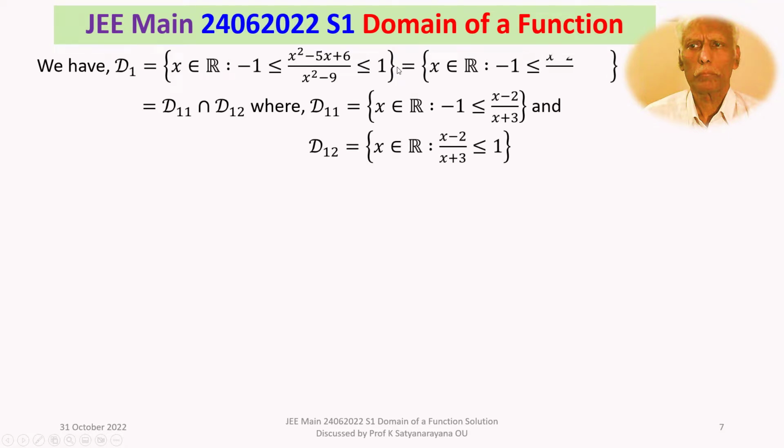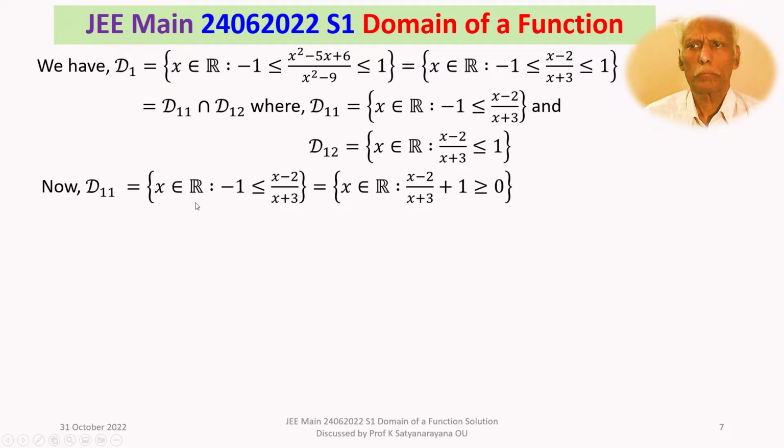And now d11 is the set of all those x belongs to R such that minus 1 less than or equal to (x minus 2) by (x plus 3), and send minus 1 to the other side and write it as a greater than or equal to inequality.